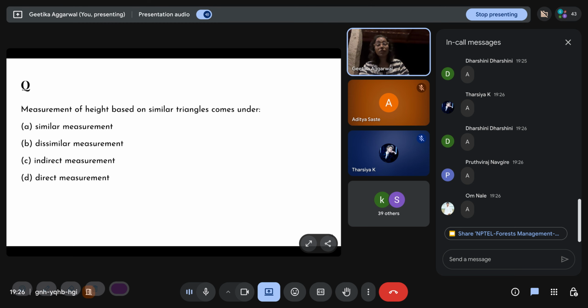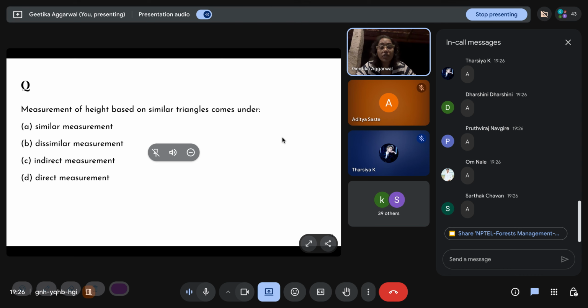You're saying similar measurement? Anybody else? Four people are saying similar measurement, probably because they're following similar triangles. But I said there are two types of ways you can measure height, direct and indirect. So which one does similar triangle come under?